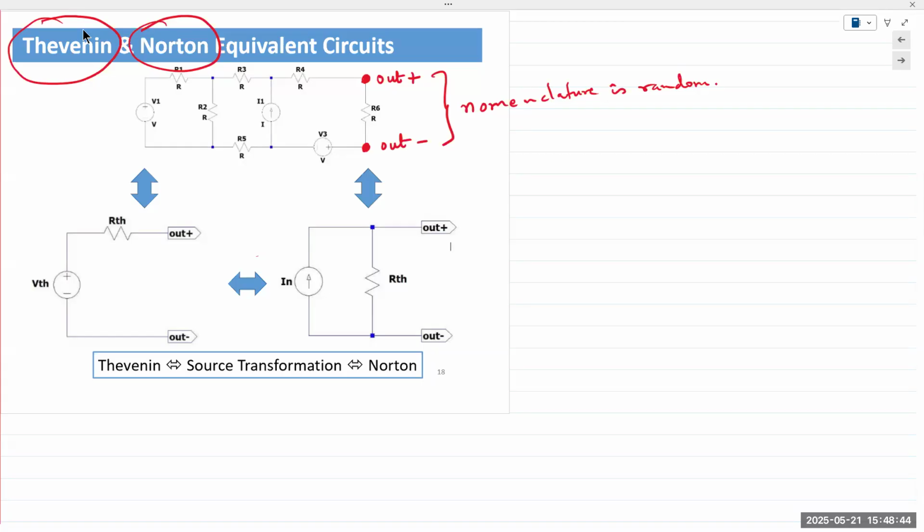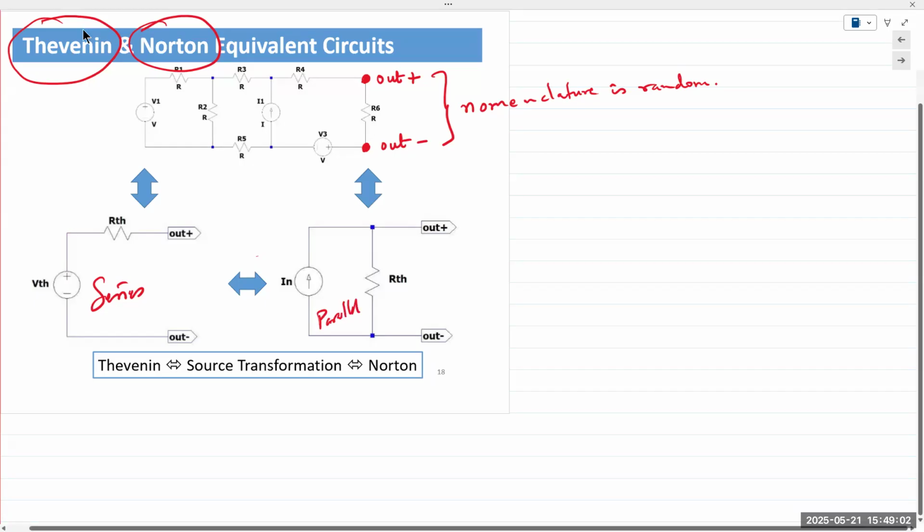All right, so this is, as I was saying, the Thevenin and Norton equivalent circuit. These are in series and these are in parallel. Series because there is only one single connection. The terminals of analysis remain the same.